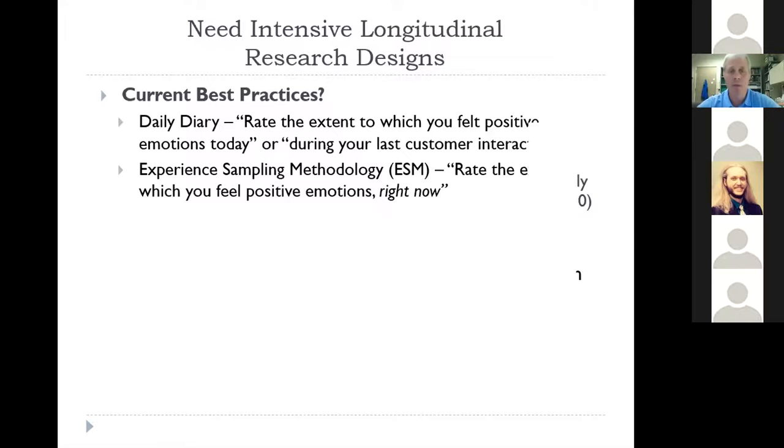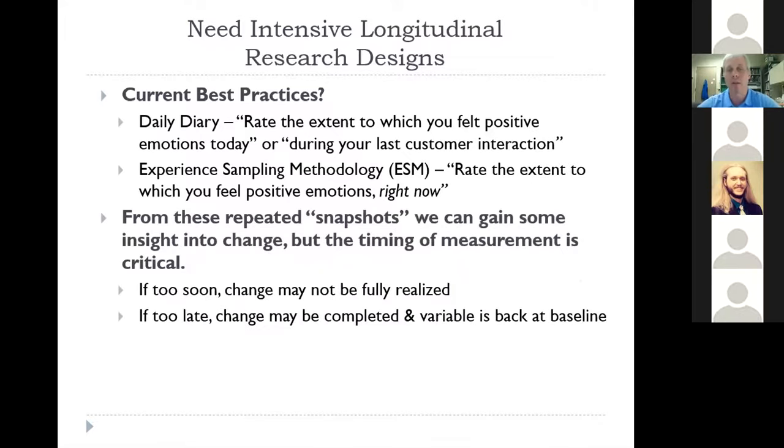The problem with these two approaches, though, is that they're really giving us just snapshots about what's going on in terms of some psychological experience. They can reflect change, but the timing of the measurement becomes critical, because if we take our experience sampled assessments, for instance, too soon, then the change that we're predicting may not be fully realized.